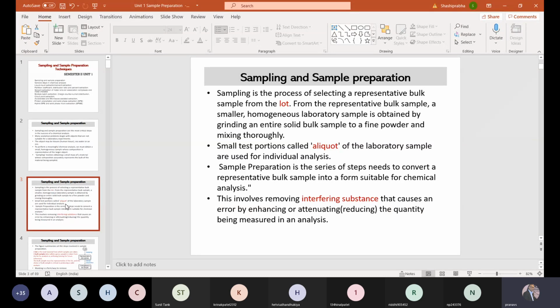And when we look at sample preparation, there are a few other things as well which we need to consider. See, the most bothering thing in chemical analysis is converting that sample into a form which can be readily analyzed by that instrument. And the major problem when we work with real samples is that real samples have different matrices. It is very different from the way in which we work in our labs.